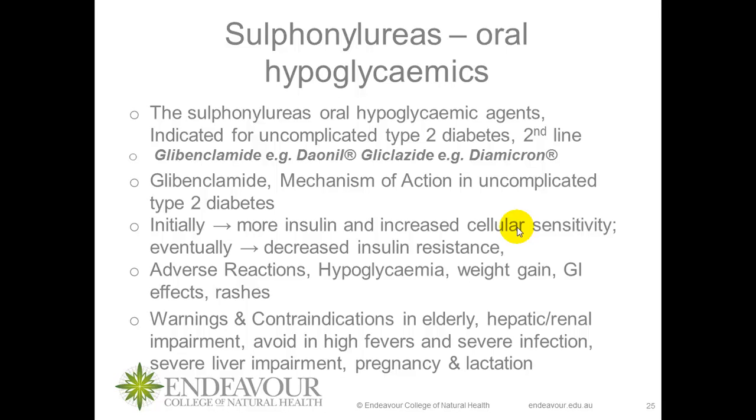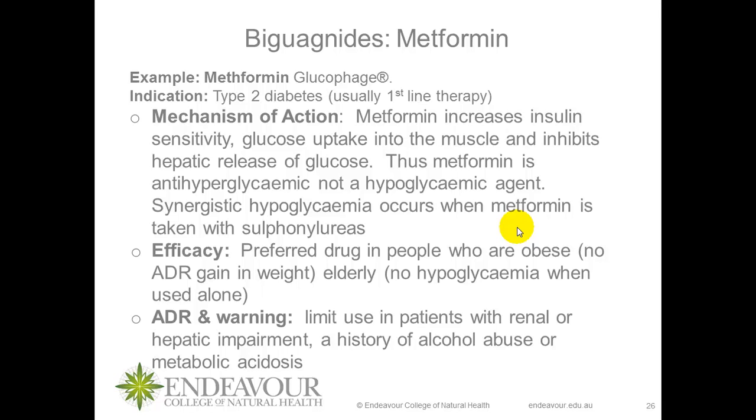Glibenclamide is used with caution in the elderly or people who have hepatic and renal impairment. You also avoid them in people who may have a high fever, an infection, or a severe liver impairment. As we said, the drug of choice in pregnancy is insulin, so oral hypoglycemics would be contraindicated in a person who is pregnant or lactating.